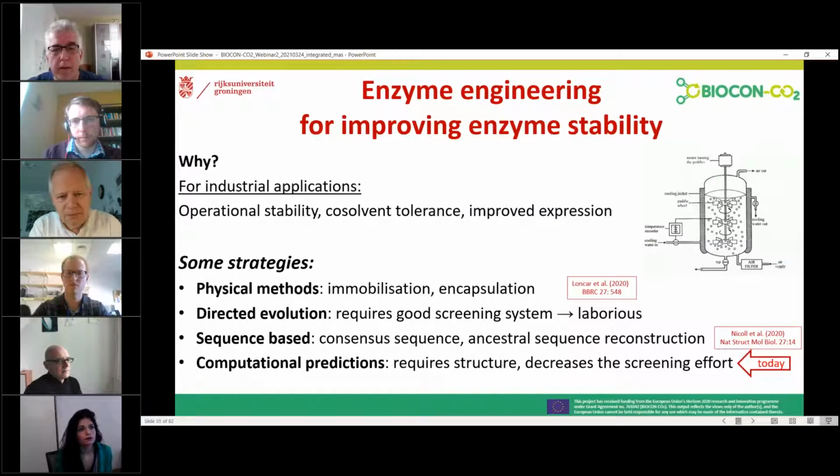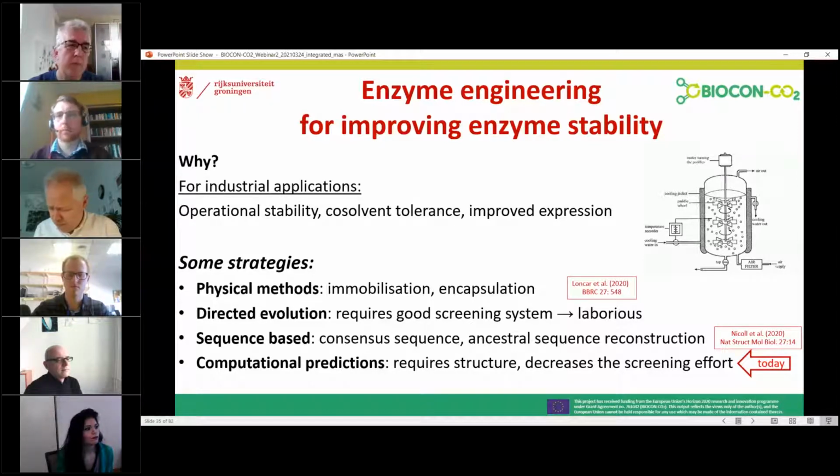So on the next slide, you see some of the strategies that can be taken to make more stable enzymes. And often you need enzymes that can tolerate better the solvents that are used in a certain process, or they have to perform for a longer time. So during the last decades, quite a number of approaches and strategies have evolved to come up with solutions for getting a more stable enzyme in a process.